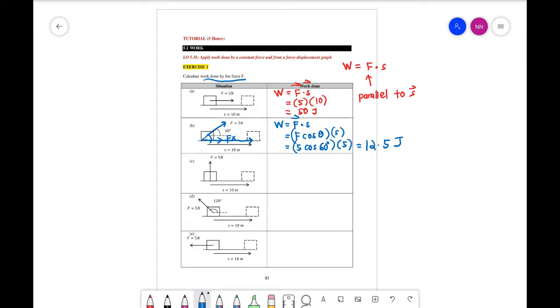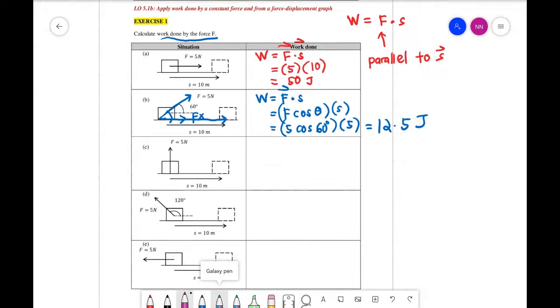How about C? For C, this is force F, and this is the direction of displacement S. So F is not parallel to displacement. The component of force which is parallel to displacement is F cos theta.